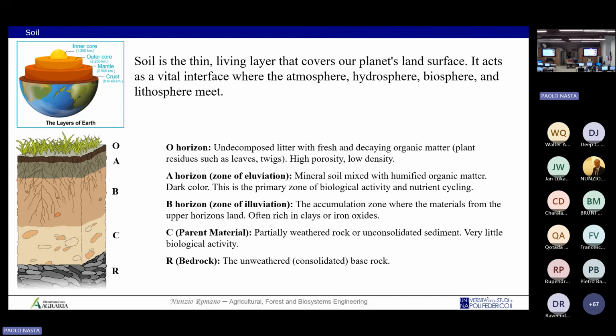So it's the outer skin of the Earth, and it's so important because it covers the planet's land surface, and it connects the atmosphere, the hydrosphere, the biosphere, and the lithosphere.